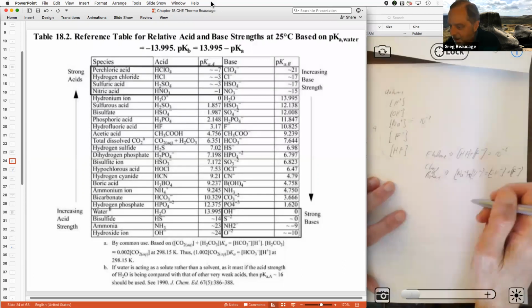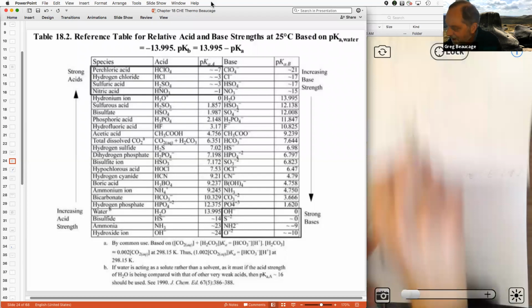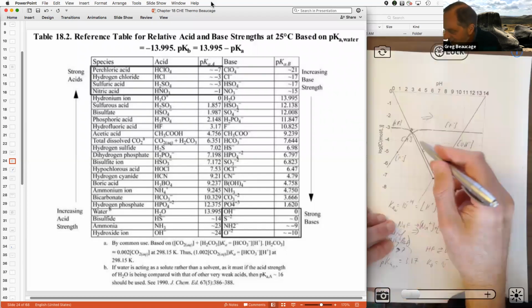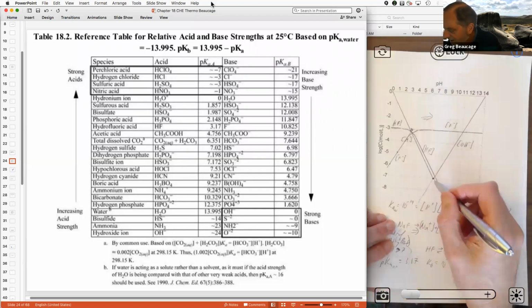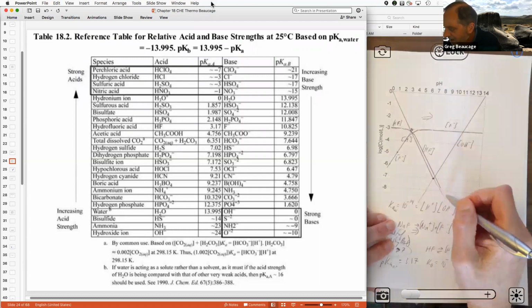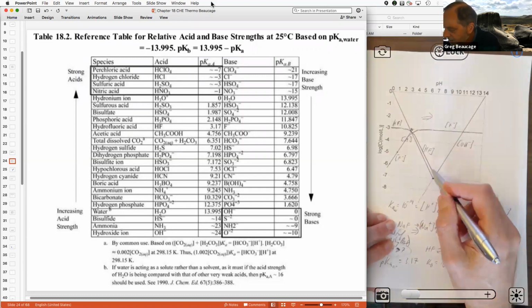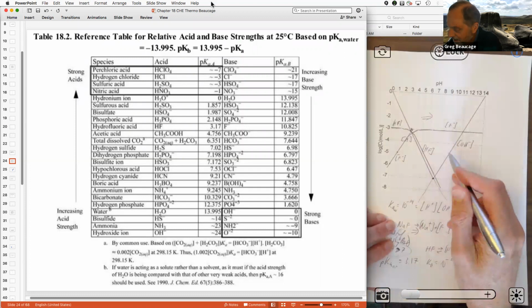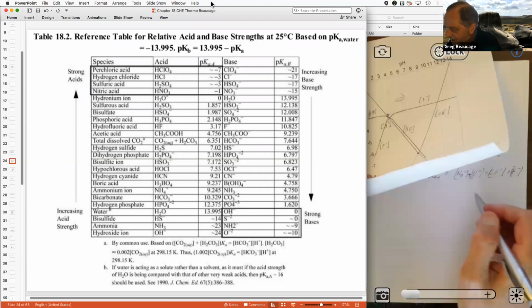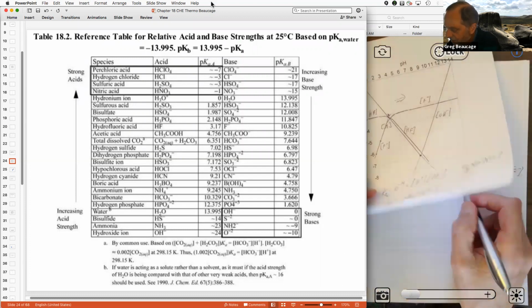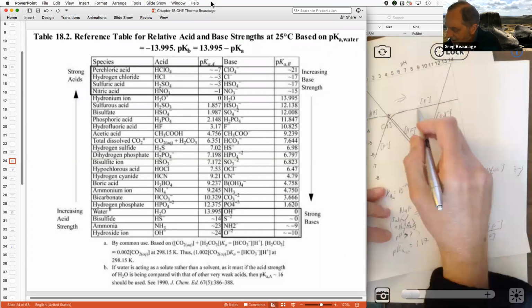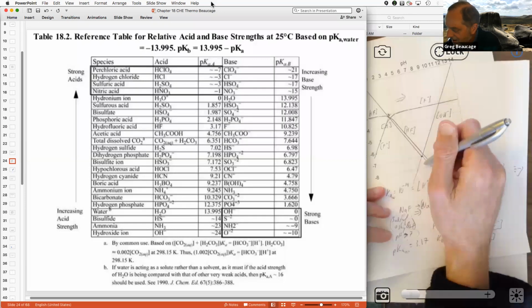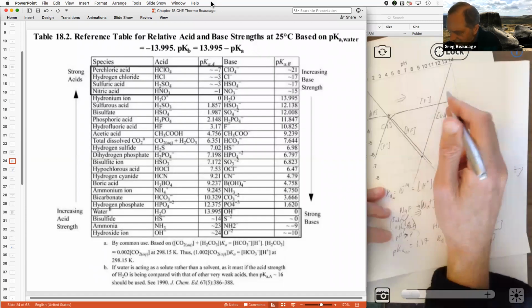In this plot, on the basic end, H plus is going to be 10 to the minus something, 7 or 8, and OH minus is going to be on the order of 10 to the minus 4. Na plus is at 10 to the minus 3. So 10 to the minus 7 or 8 versus 10 to the minus 3 is about 5 orders of magnitude difference.